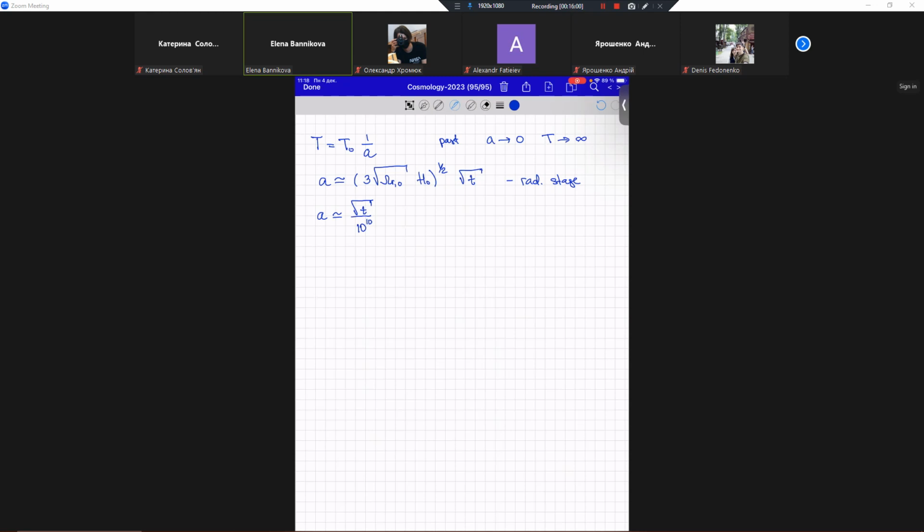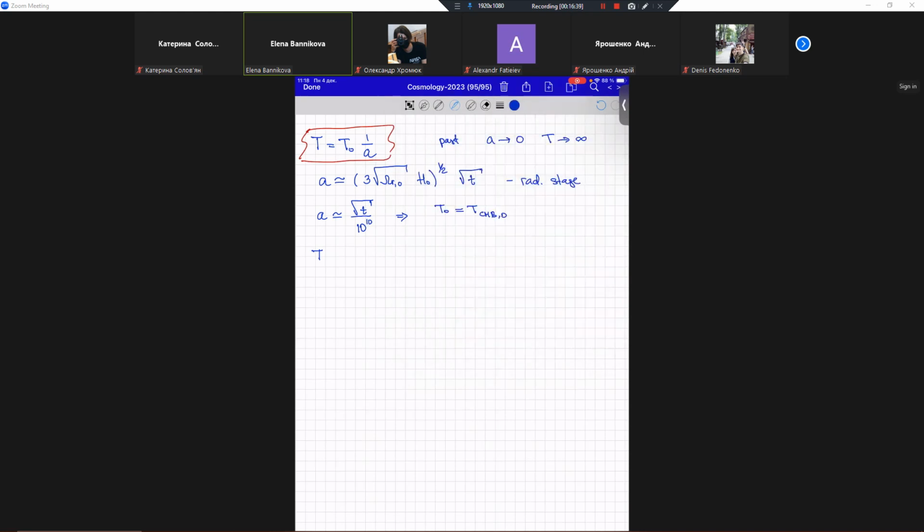From this, we can obtain the relation using T0. This is the temperature of the cosmic microwave background for the present time. When we speak about emission, we speak exactly about the cosmic microwave background, these photons which we have after the whole time of the universe. Let's put it in this expression for the temperature.